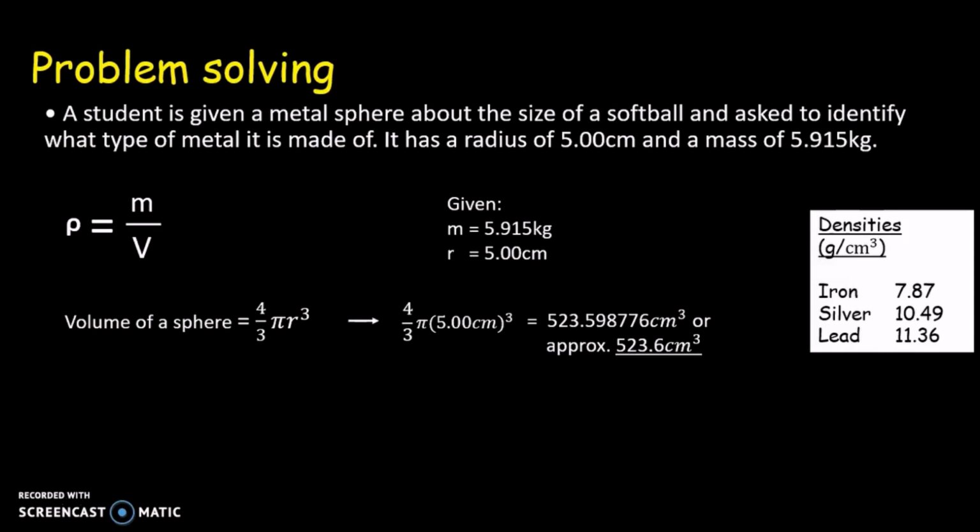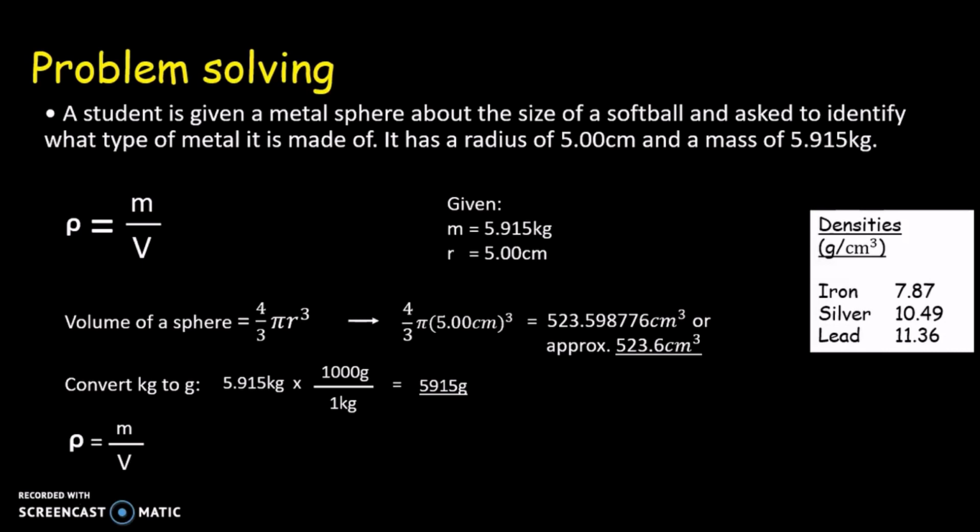For this problem, we are using the CGS system of units, so we still need to convert the mass from kilograms to grams. So 5.915 kilograms multiplied by the conversion factor, and we'll get 5,915 grams. So we have all our needed data. We can now finish the problem.